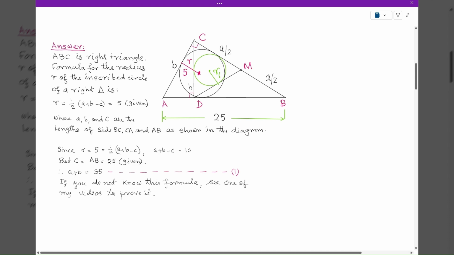Now look at the diagram. ABC is the right triangle.